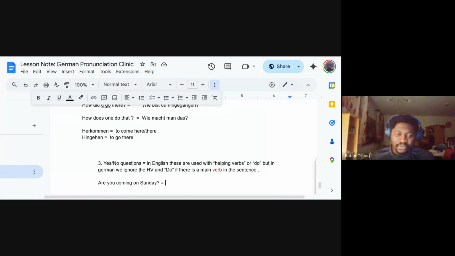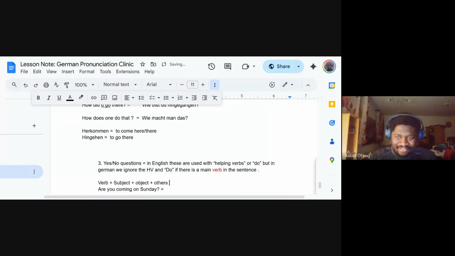So our rule says that the verb starts the yes or no question. Verb comes first, followed by the subject, then if there's an object, verb, subject, object, then others.